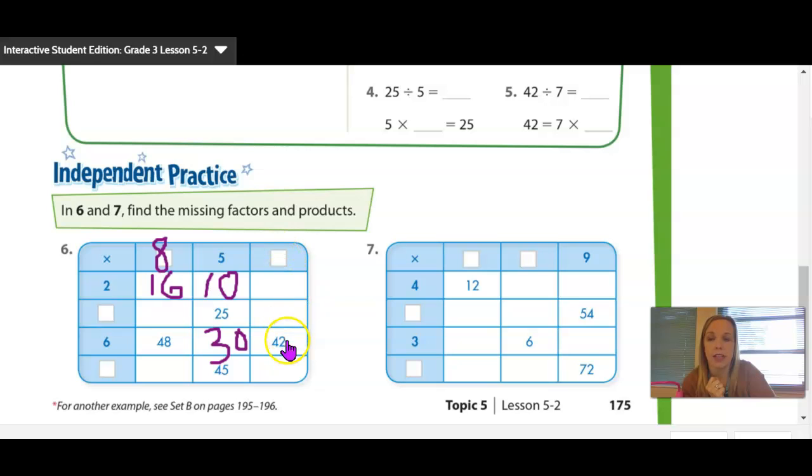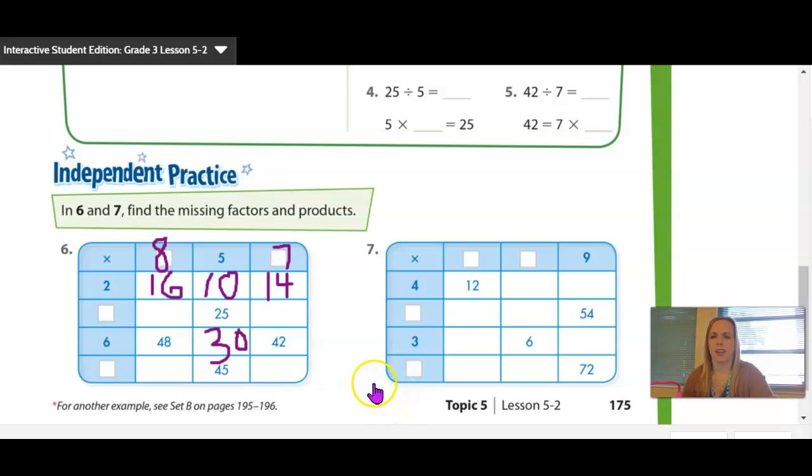Remember, if I just drag them down, I will be able to find my answer, kind of like when you move along your multiplication chart, right? So 6 times 7 equals 42. So now I have my 7. So now I can do 7 times 2 equals 14.